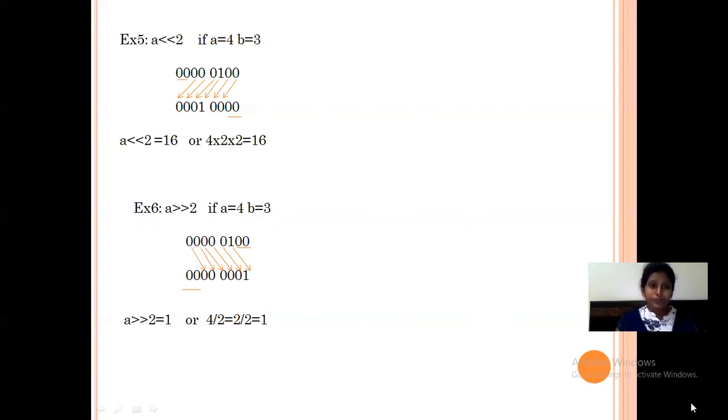You can do either by moving the bits towards left and generating the binary value for those bits, then the value will be 16. If you do right shift, then the value will be divided by 2. So the value of 4 will be divided by 2 for 2 times, and the resultant value will be 1.